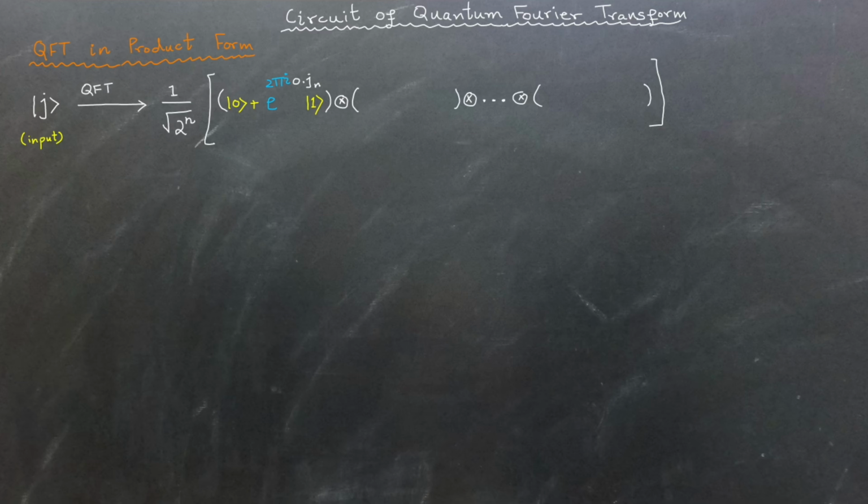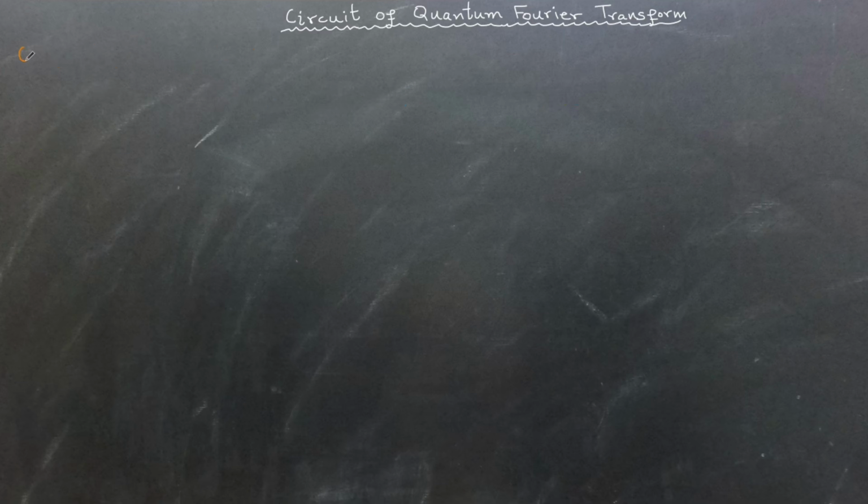The fractional binary value is written as 0.jn in the first term, 0.jn-1 jn in the second term, and so on until the last term where we have 0.j1, j2 up to jn. With these notations established, we are now ready to design the Quantum Fourier Transform circuit for an n-qubit register.